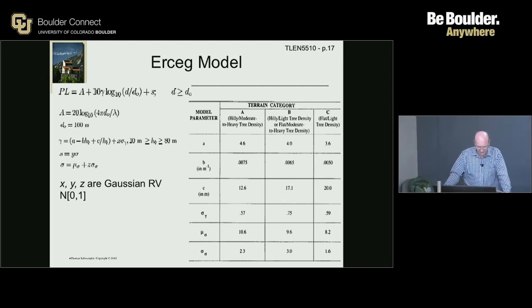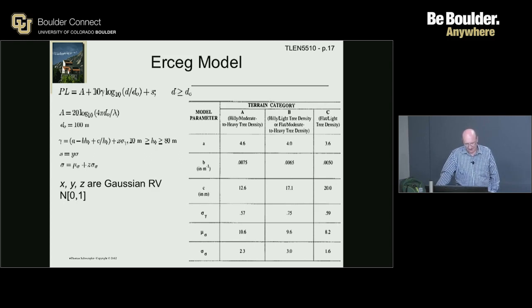And they used a similar trick that until a certain distance that they thought was 100 meters, things were very much like in free space. If you recognize that 20 log of 4 pi d0 over lambda, it's this free space propagation, and after that it's this where instead of a path loss exponent of 2 it becomes gamma.